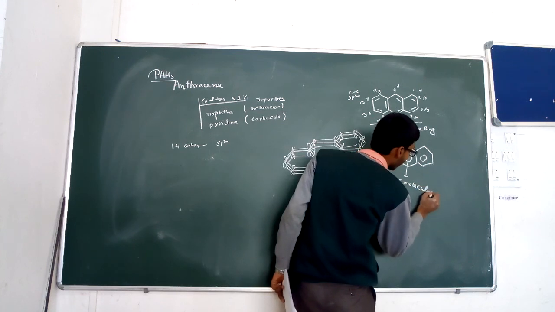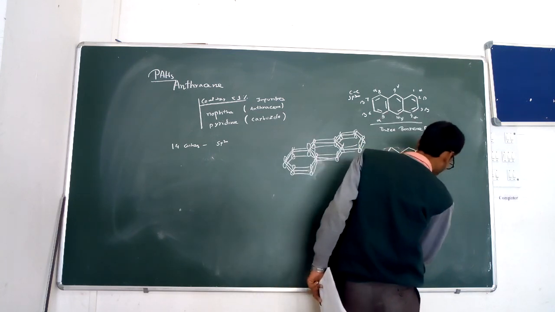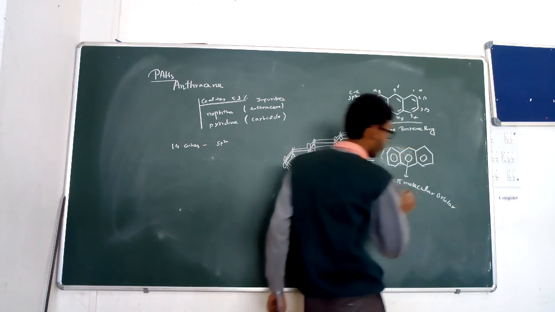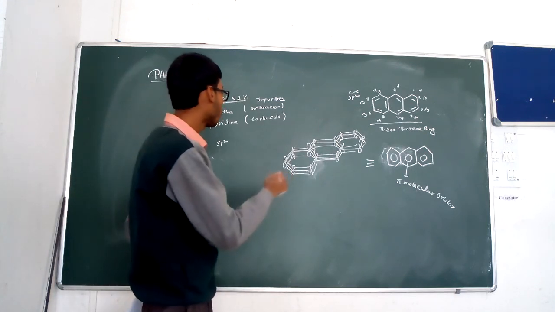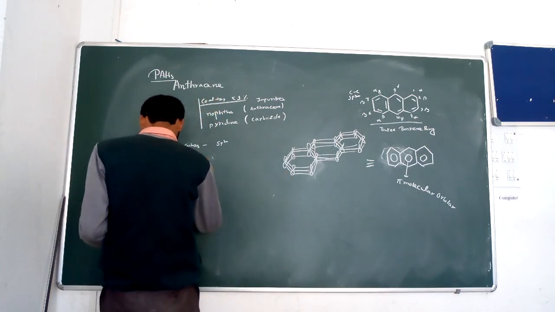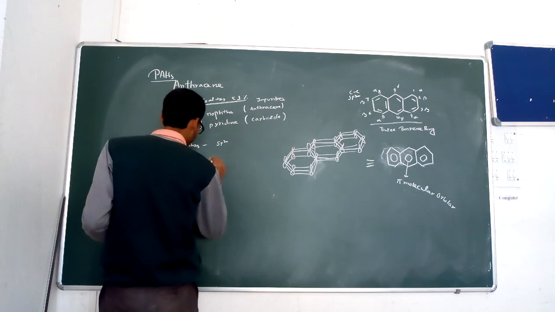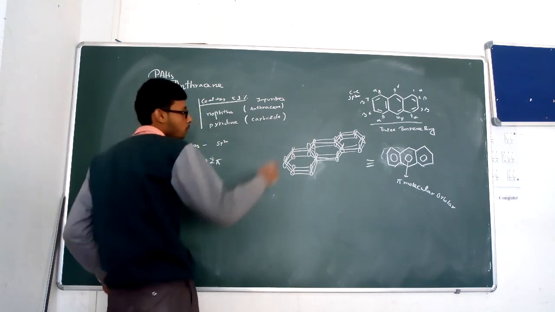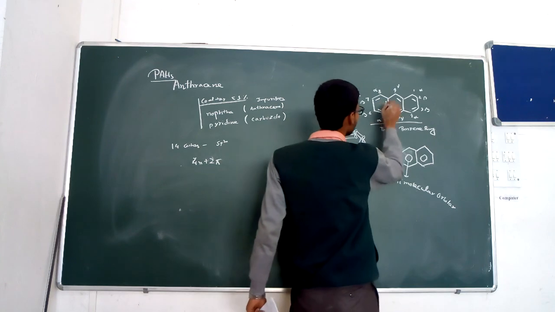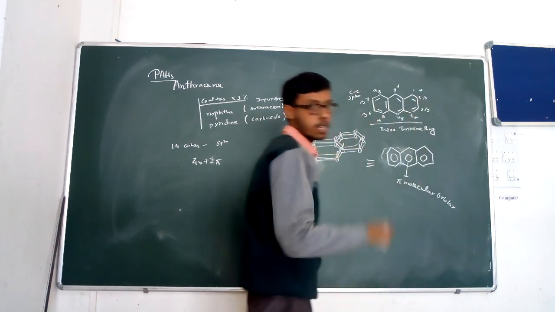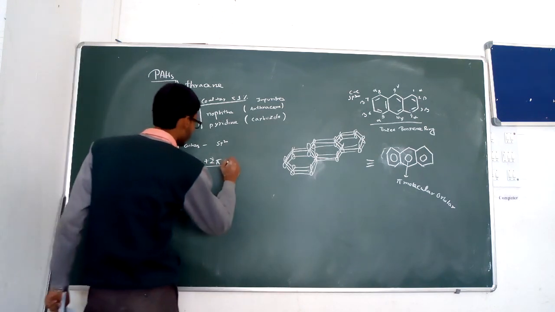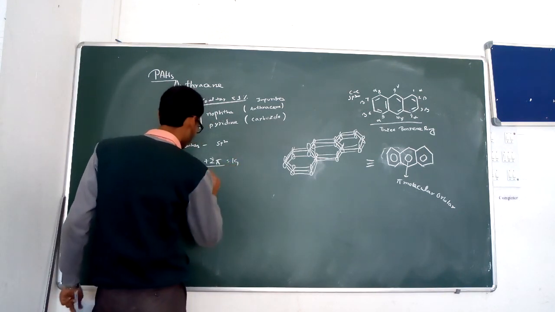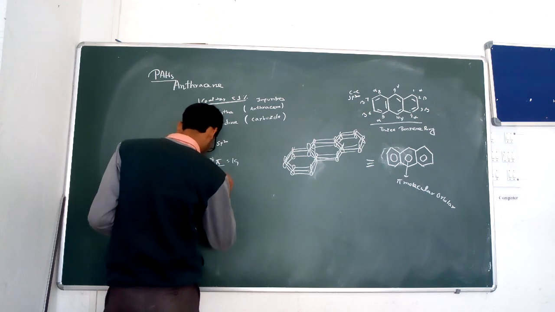And if you look at Huckel's rule, each atom contains an unhybridized p orbital, and we find 4n plus 2 pi electrons. There you see 1, 2, 3, 4, 5, 6, 7, which means it contains 14 pi electrons, and 14 means n is equal to 3.